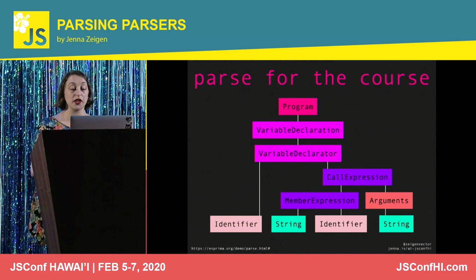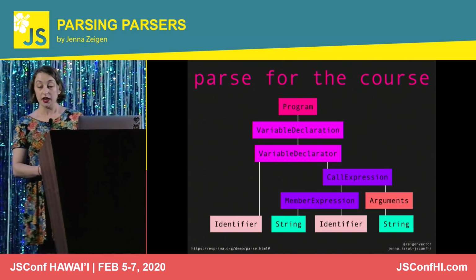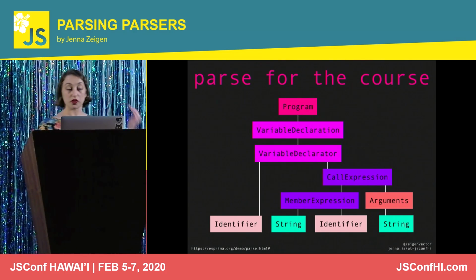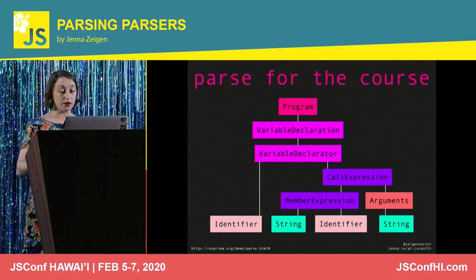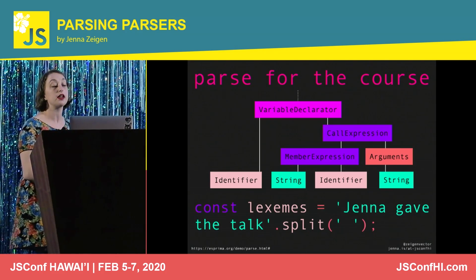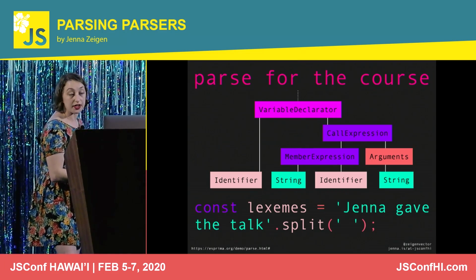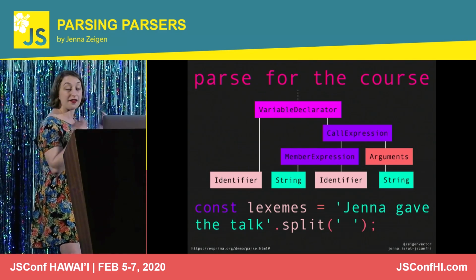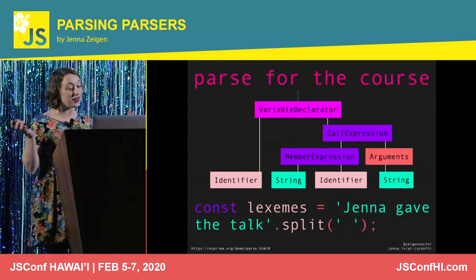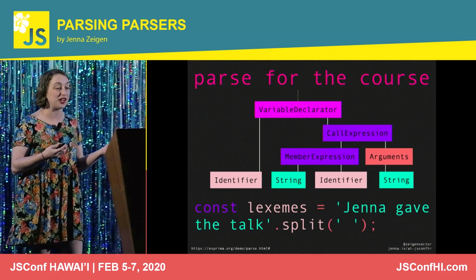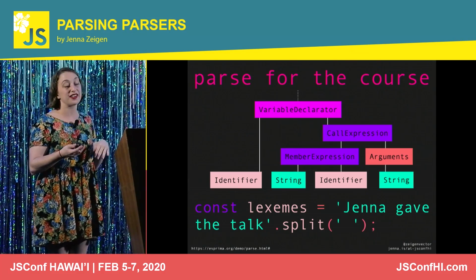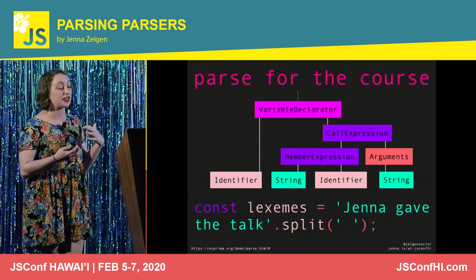So JavaScript does something a little bit more complicated here. Going to have this program that eventually filters down into this tree. I can't help but notice that the leaves here are the thing that really matters, right? We have the variable names at the bottom, the strings, the method names. That's the stuff that really has meaning to us.